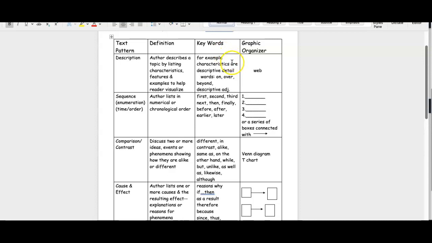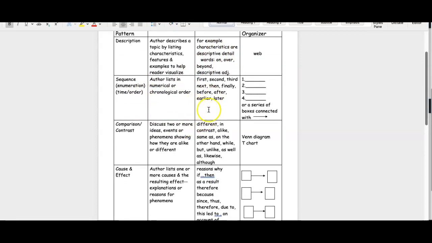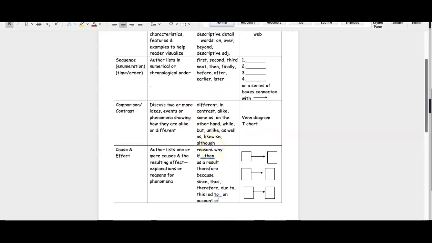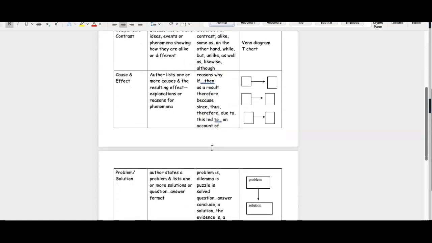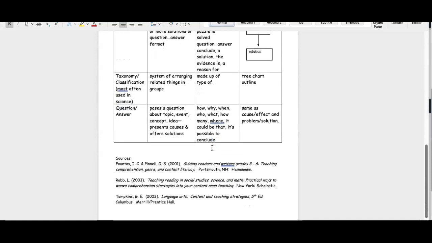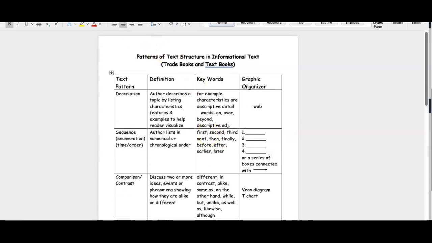Characteristics are descriptive detail words: on, over, beyond. Descriptive adjectives. This tells you what it is and key things about the structure. You will want to hang on to this.